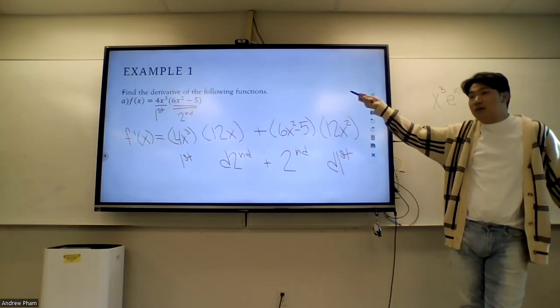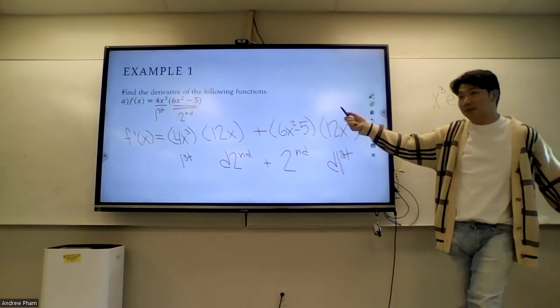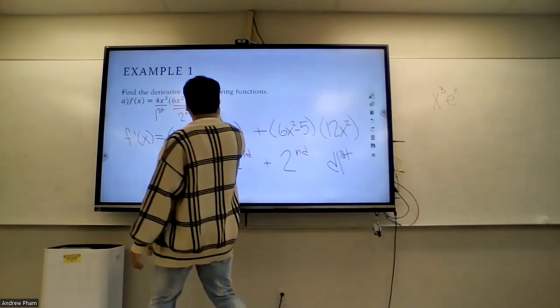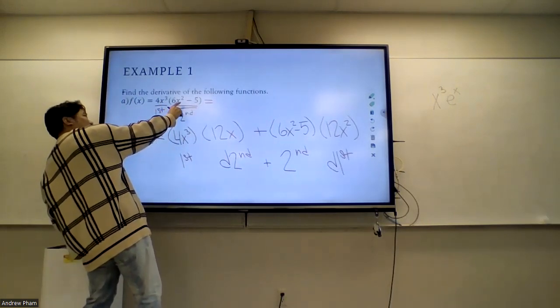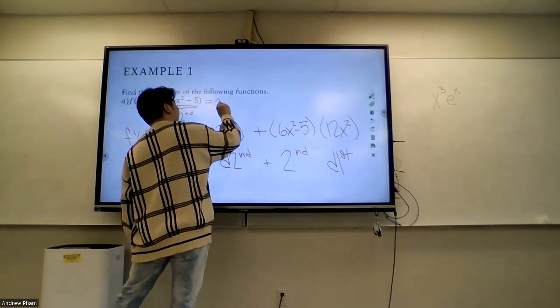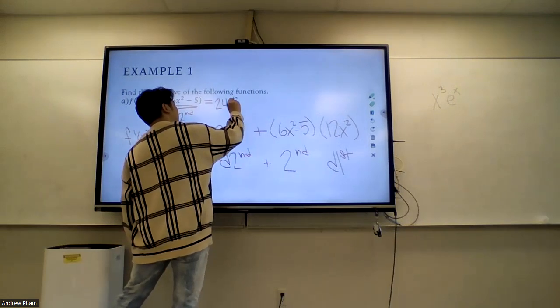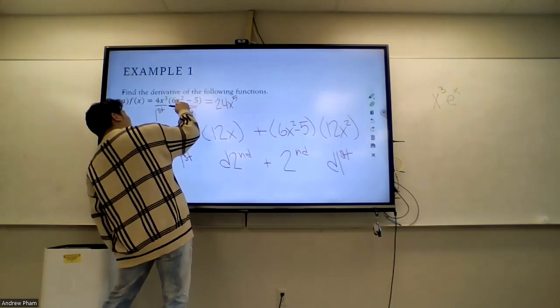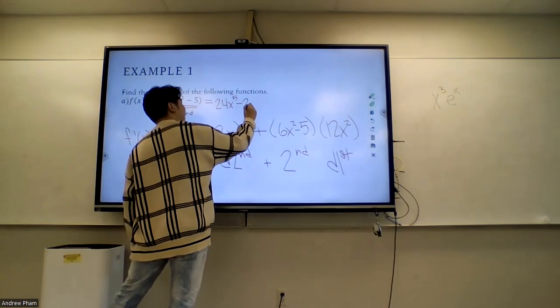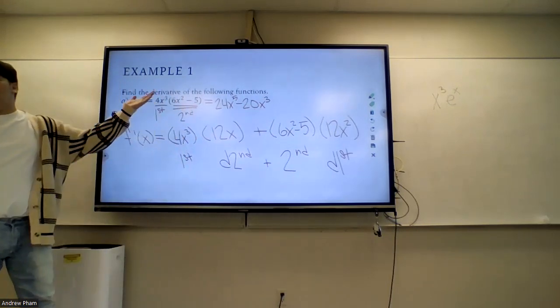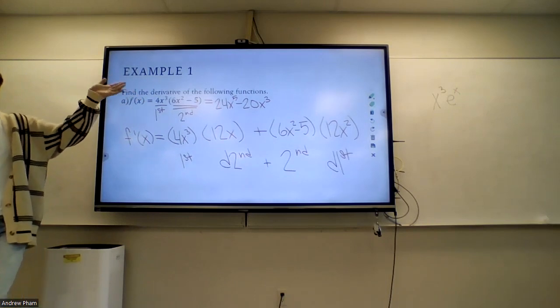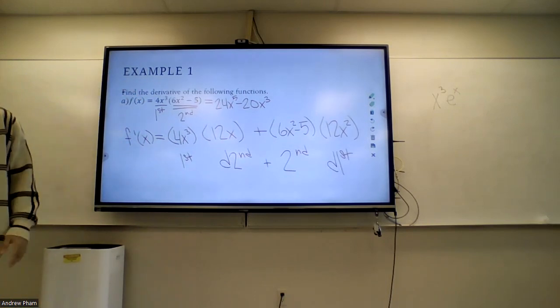I can distribute the 4x cubed. 4x cubed times 6x squared, I get 24x to the fifth power, and then 4x cubed times -5, I get -20x cubed. And then I could take the derivative of that using only the power rule.